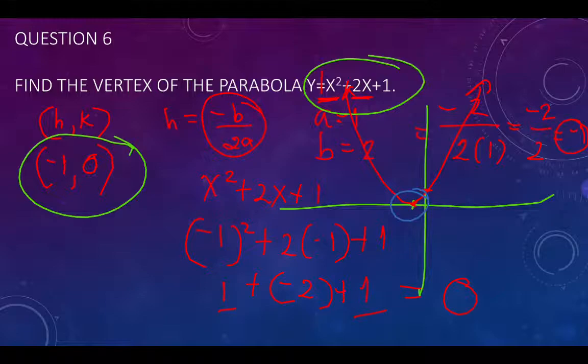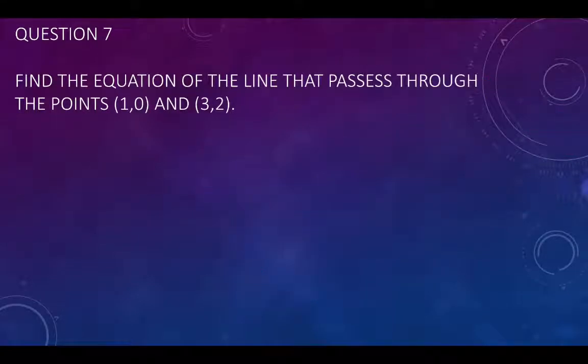So, next question. Find the equation of the line that passes through the points 1, 0, and 3, 2.